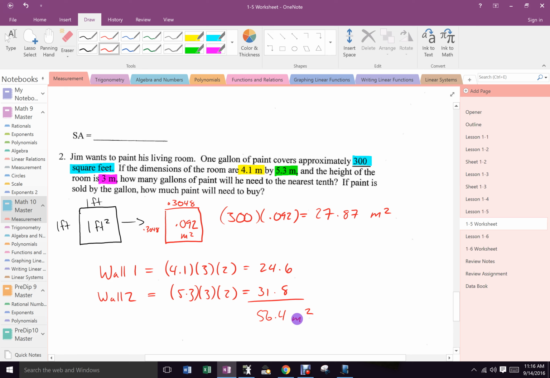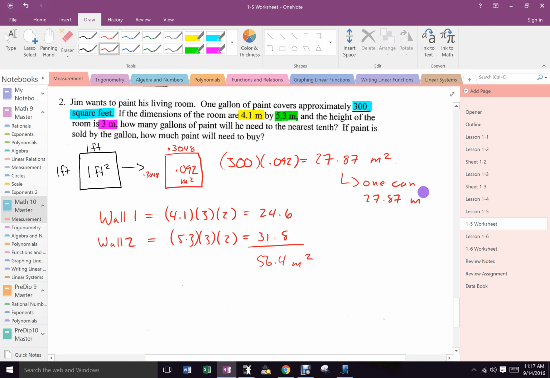56.4 meters squared is the walls I got to paint. 1 can does 27.87 meters squared. So I take that and divide by 27.87 and get 2.02 cans.